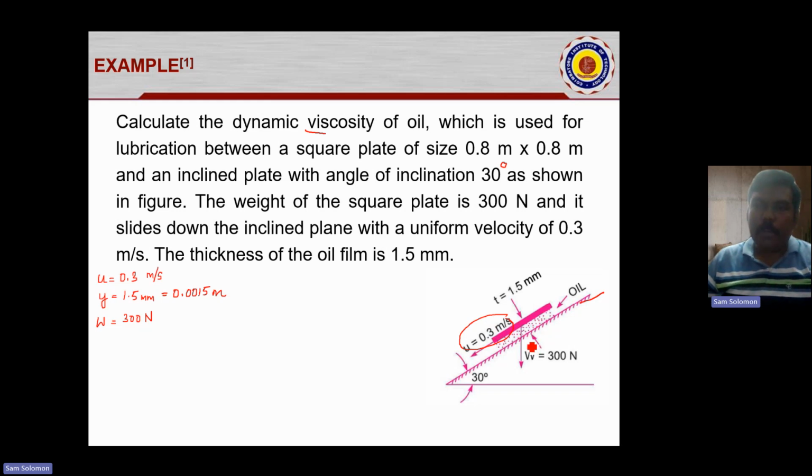But what we are interested in is the component of this weight in the inclined direction, that is at 30 degrees. So we have to find the component of this particular W equal to 300 Newton. So for this particular plate, F is equal to 300 cos 30.